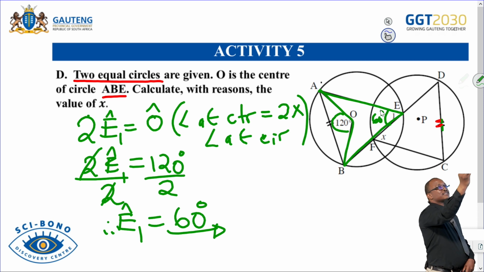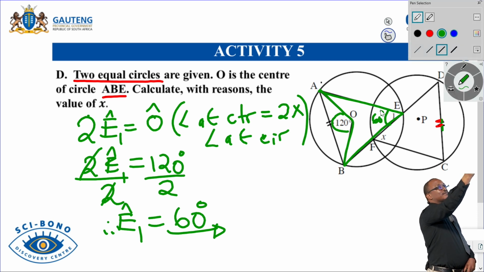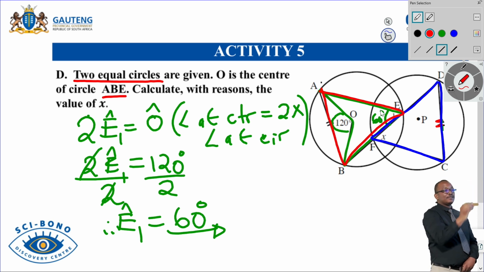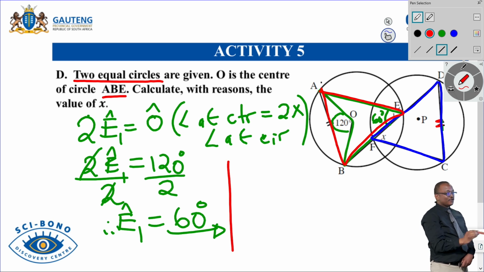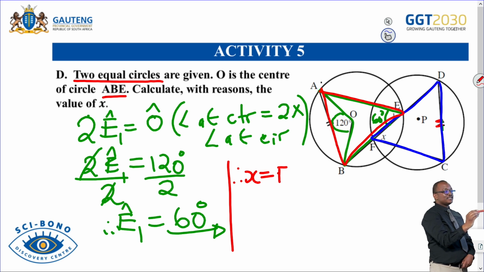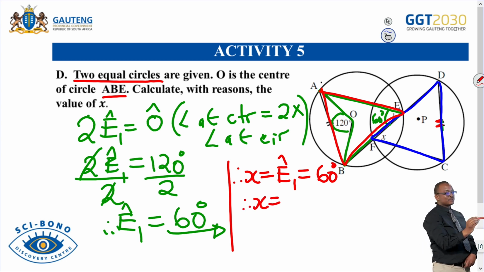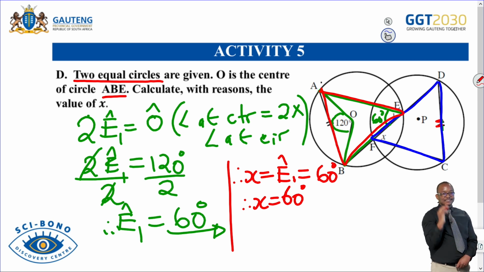We go to the very same theorem that I spoke about: equal angles, equal chords, equal circles. Therefore my angle X is equal to angle E1, and they are both equal to 60. So your angle X is 60 degrees. But what is the reason for that?